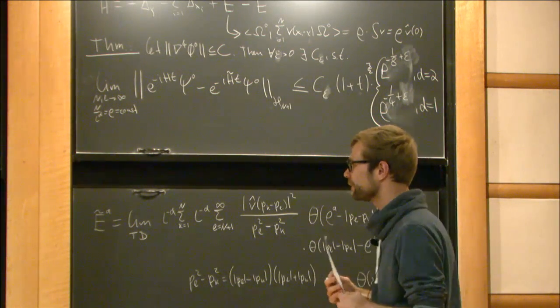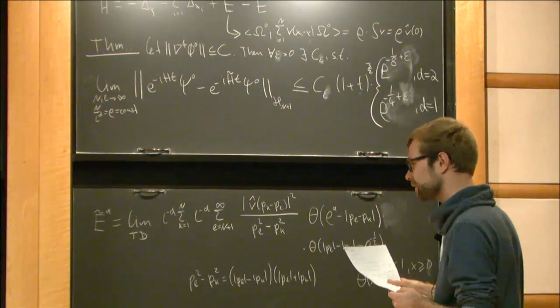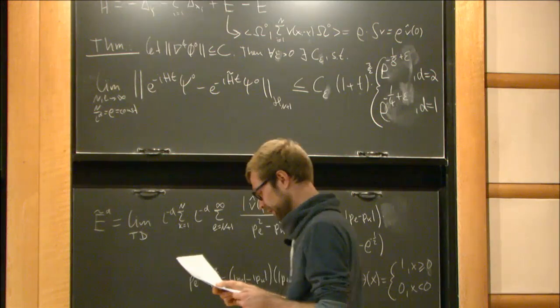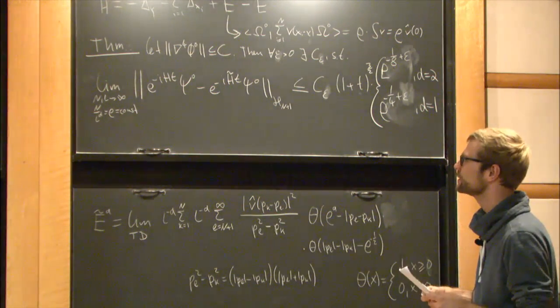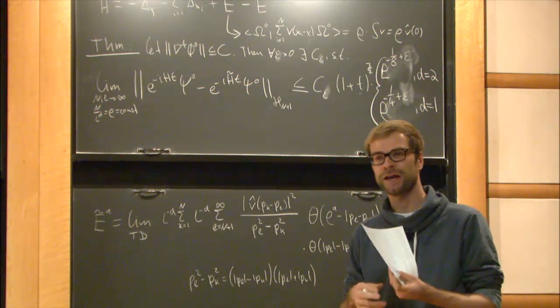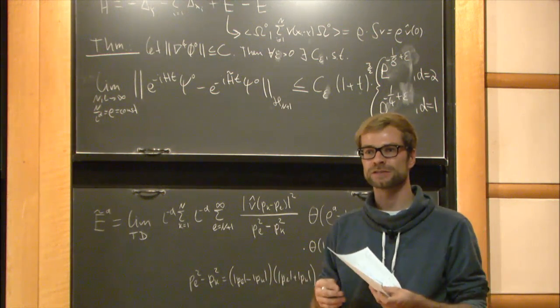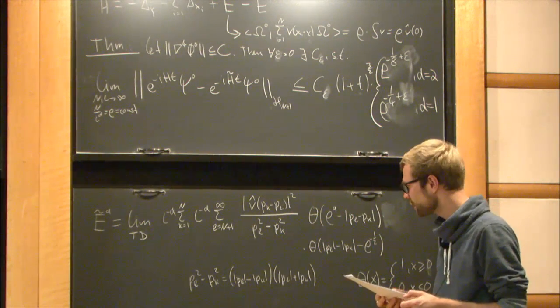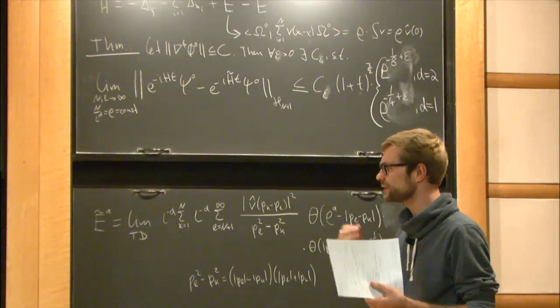So why does this result really hold, although we don't have any kind of small coupling? Well, for one, you have energy momentum conservation, which really restricts the kind of transitions you can have in the Fermi gas, which I will explain in more detail in a minute. That means that only few particles can actually interact.